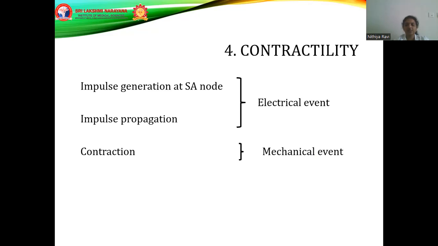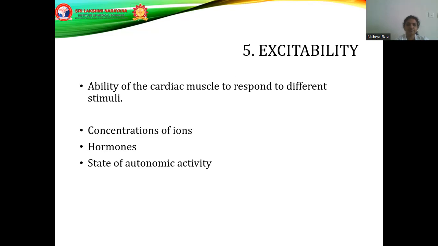Now this electrical activity is projected as a mechanical event, which is observed as the contraction of the various chambers of the heart. So contractility is nothing but the mechanical event which occurs after the electrical event of impulse generation and propagation.